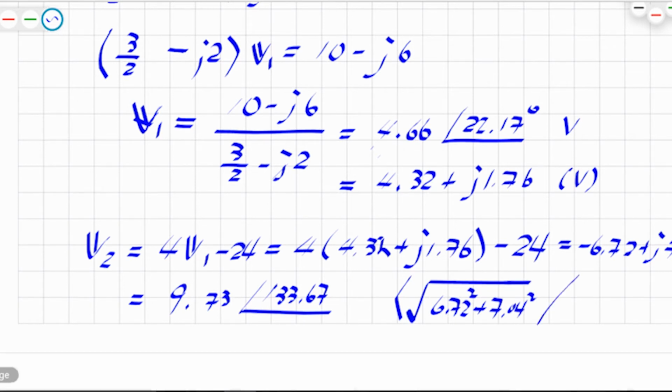And the phase angle is obtained by taking the inverse tangent of the imaginary 7.04 divided by negative 6.72. That's just a reminder of how we obtain the phasor expression.